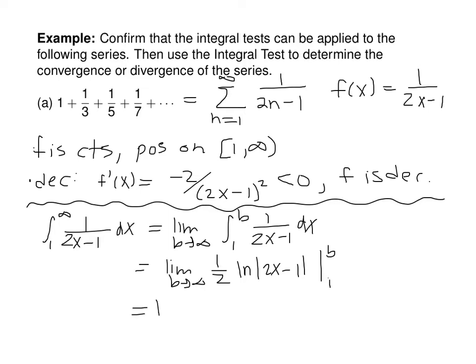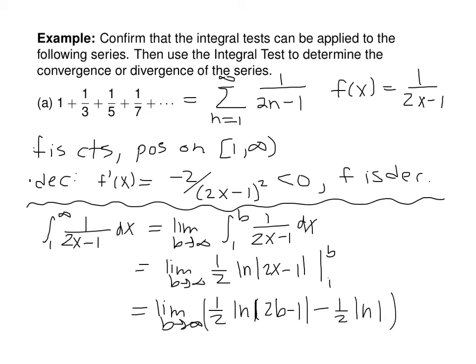So that will give us the limit as b goes to infinity of 1/2 ln absolute value of 2b minus 1, minus 1/2 ln of 1. And because ln of 2b minus 1 goes to infinity, this approaches infinity, and thus our integral diverges, and so does the series.